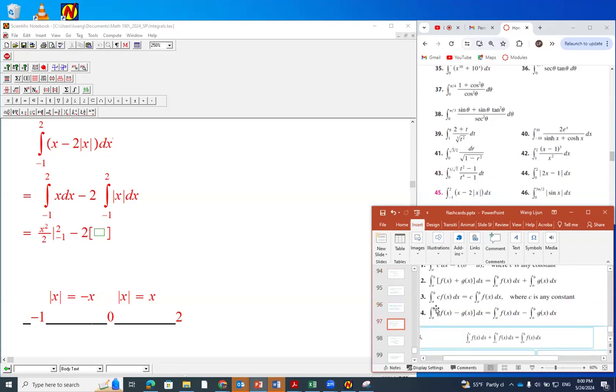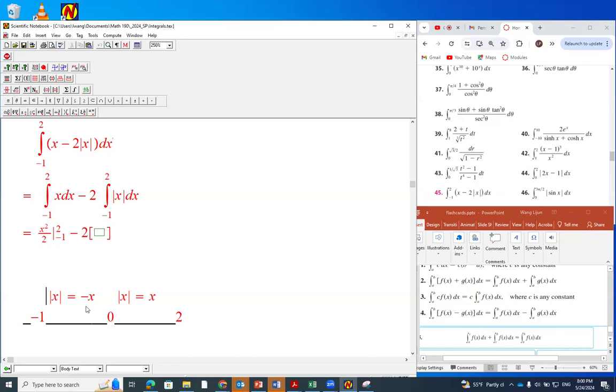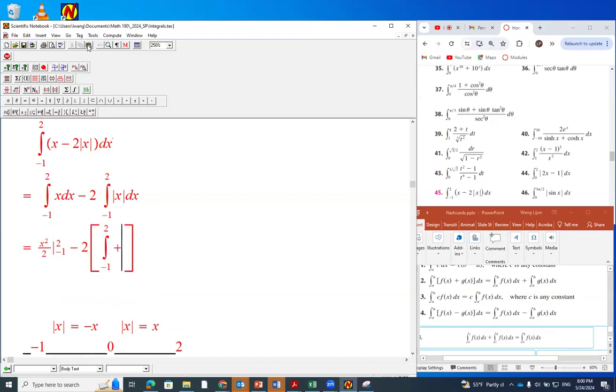Right here, you see this property. We're applying this property, because the rule changes, we have different rules. So knowing that, the integration is changed, and we're going to add this other one. One is from -1 to 0, and the other one is from 0 to 2. From -1 to 0, the function is -x dx, and on the other one it is x dx.